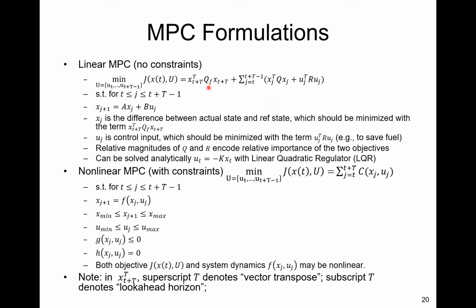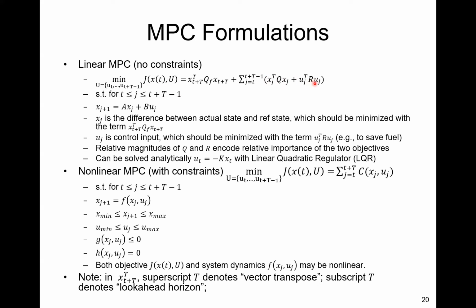The matrices Q and R encode the relative importance of the two objectives. If your Q is very large, then you really care about tracking the trajectory accurately. You don't care how much actuation effort, how much gasoline you need, or any concerns over control input.